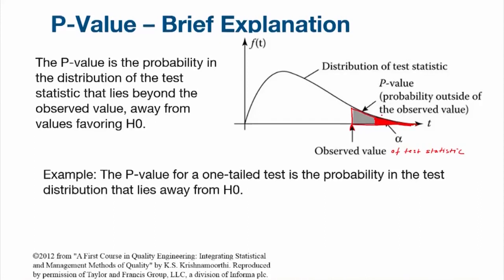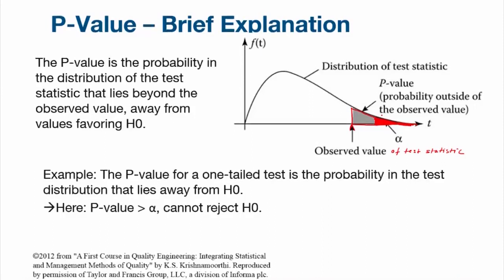So we find the p-value by calculating the probability in the test distribution that lies away from the null hypothesis. And here we see this probability is greater than the probability that we've chosen for alpha. And we cannot then reject the null hypothesis.